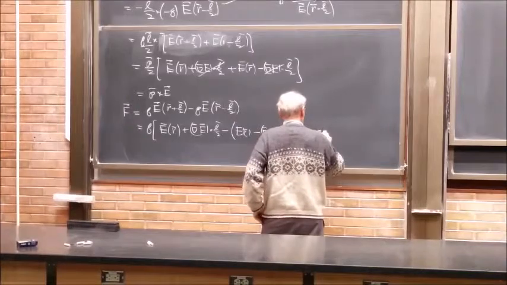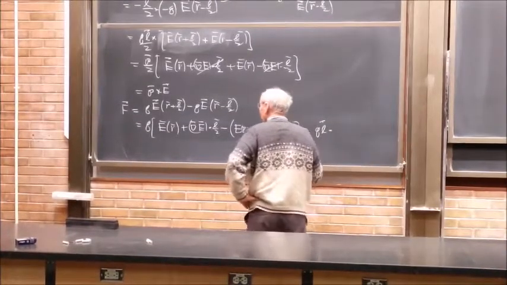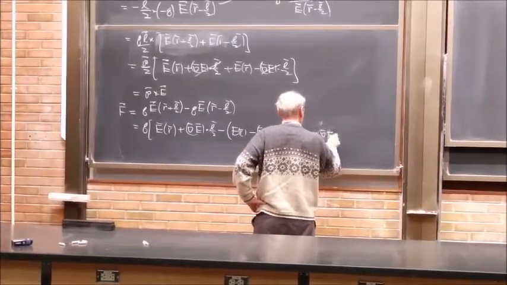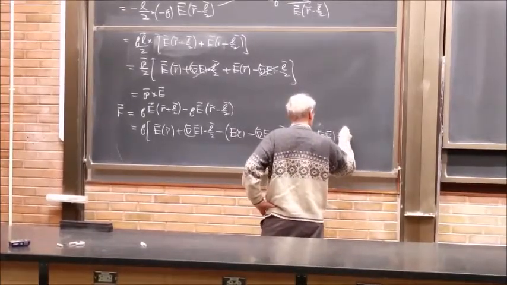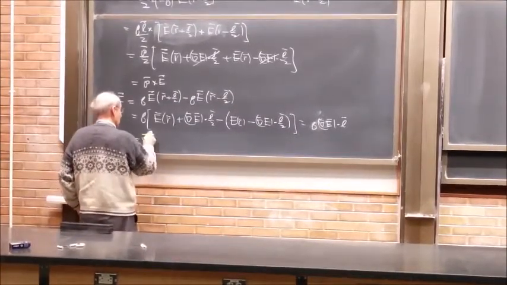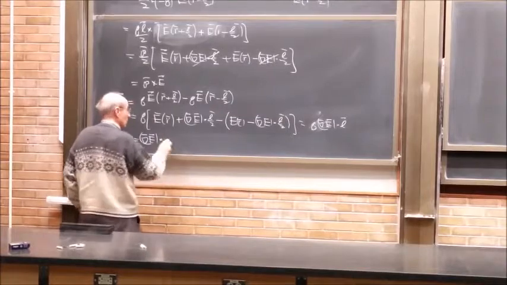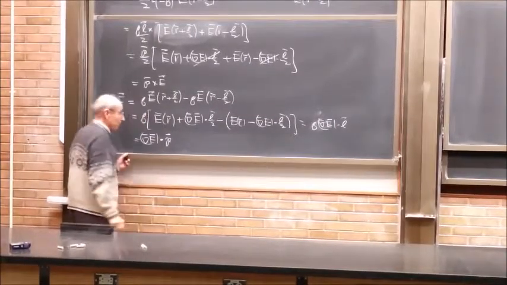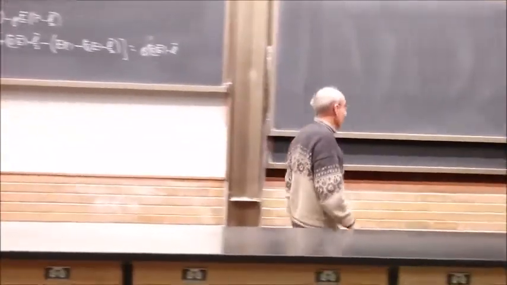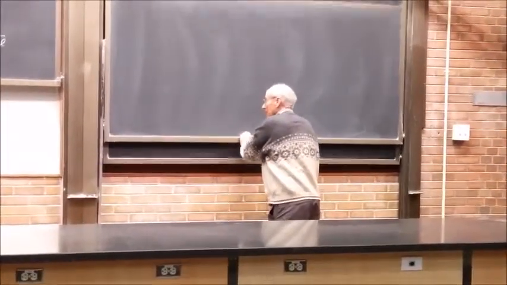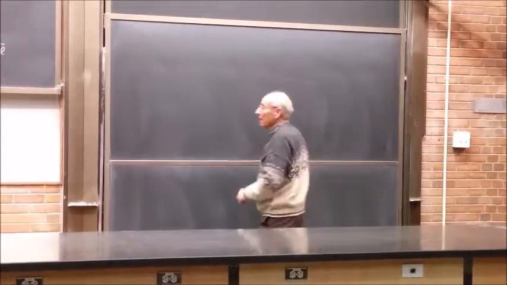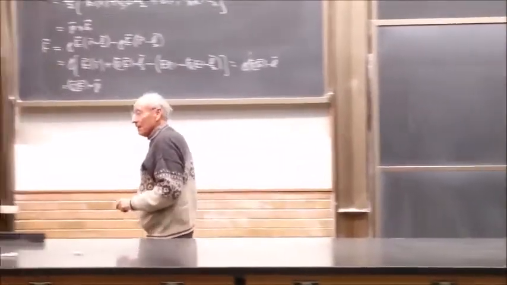So what we got was QL, Q times grad E dot L, which was then grad E dotted into P. So that was the force we expected to get. That was okay with everybody?